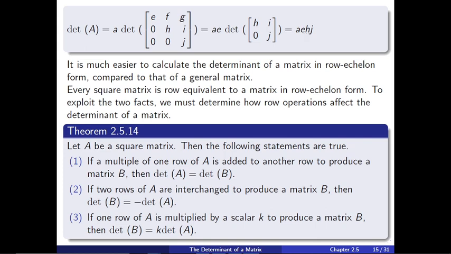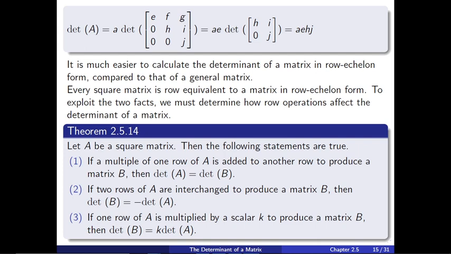Right, so we can see from this that it is much easier to calculate the determinant of a matrix in row echelon form compared to that of a general matrix, which might not be in row echelon form. And we also know that every square matrix is row equivalent to a matrix in row echelon form.